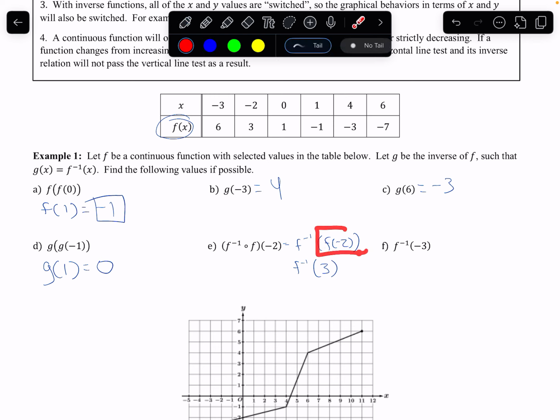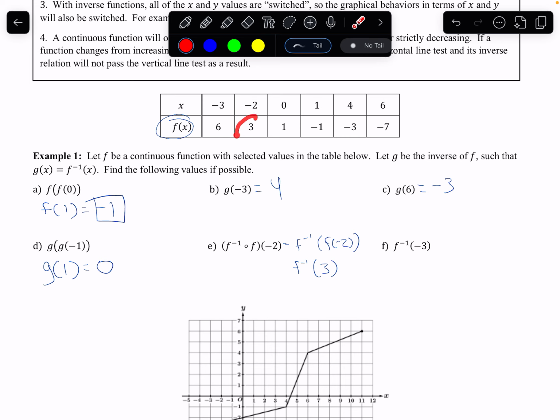Because again, if I put a negative 2 in, I get a 3 out. So I'm finding what is the inverse of f evaluated at 3. Well, this is f. And here's the logic. If I put a negative 2 into the f, I get a 3 out.